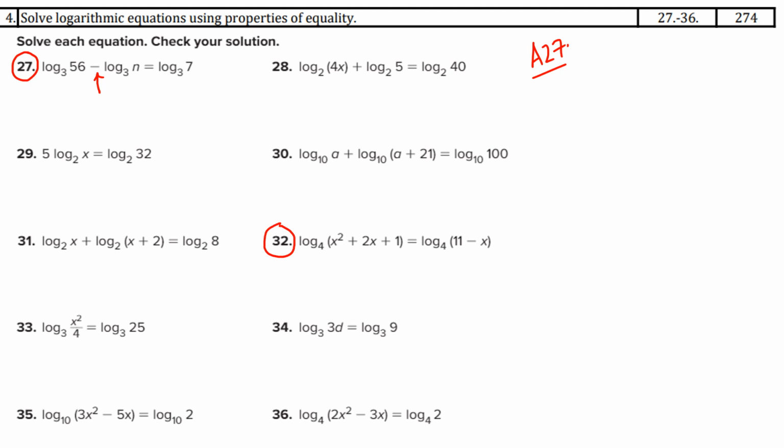So I'm going to combine these two and use the property of logarithm that says if you have two logs with the same base and different numbers which are subtracted, then you can combine them and write a single log with the common base, which is the same base 3 here, and convert the subtraction to division. So I've combined and written them in this way. Right side, the same base 3 and 7 is as it is. Now 56 divided by 7 we can easily do, that is 8.